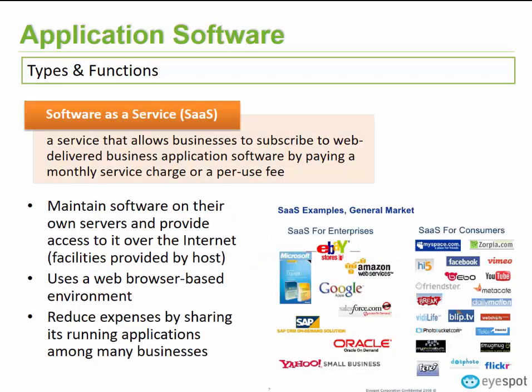The next definition that we're going to refer to is known as software as a service. Now, with software as a service, there are companies that take all the difficult aspects out of software development, and they handle all of that. So it's a service that allows your business to subscribe to web-based applications. Remember, we've spoken about RIA, and that you would pay either a monthly fee or a per usage fee.